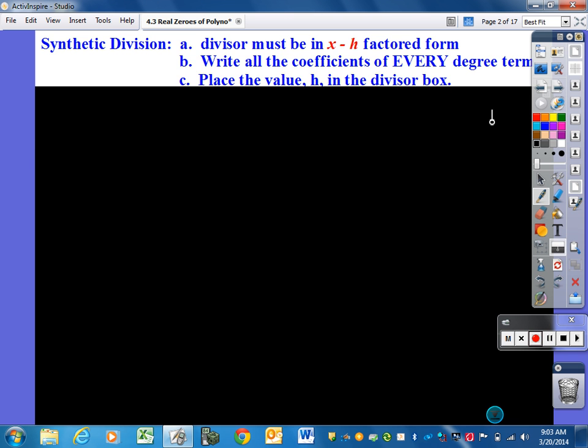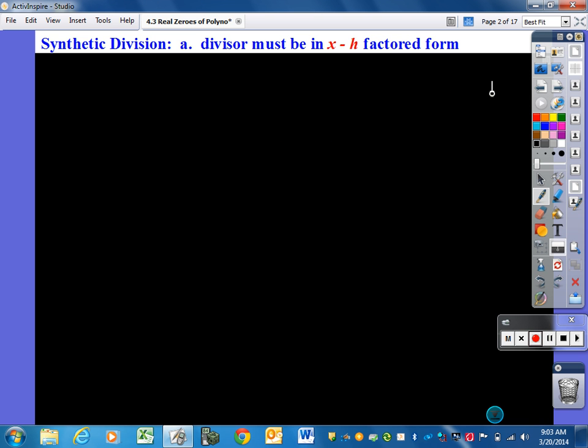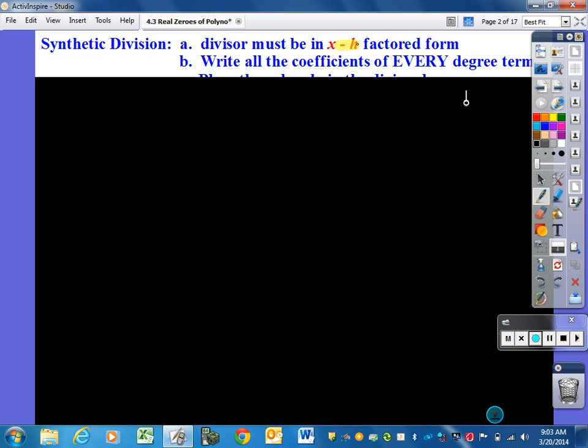First of all, your divisor must be in the x minus h form. It is key that it is x minus h, because whatever is behind the minus sign goes in your divisor box. Then just like with long division, we had to account for every degree.